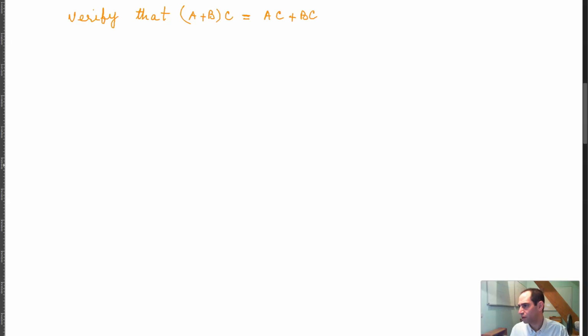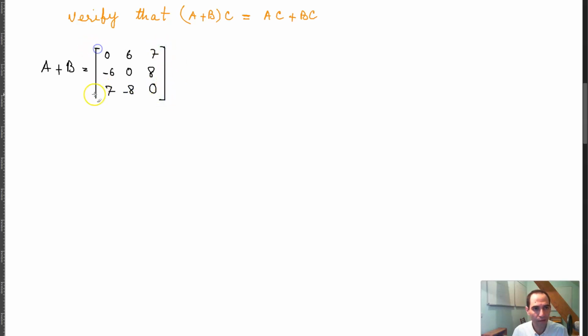Actually, A plus B is not defined. Oh, okay, sorry. Now A plus B is equal to this matrix A: 0, 6, 7, negative 6, 0, 8, and 7, negative 8, 0.